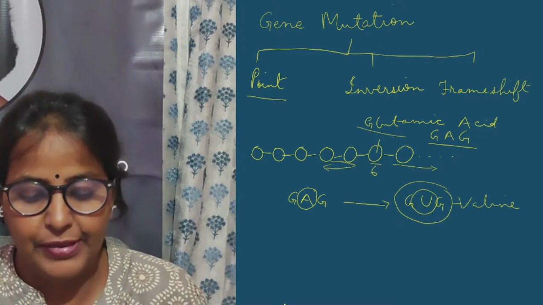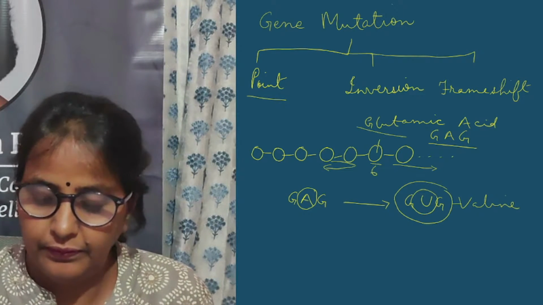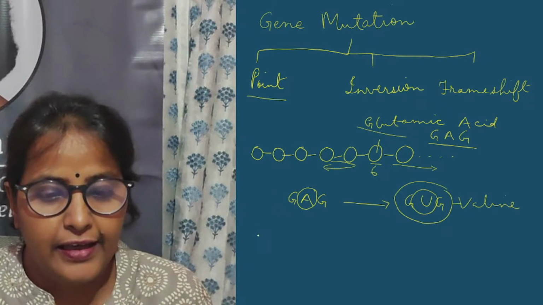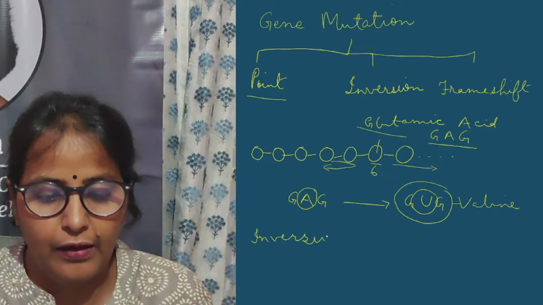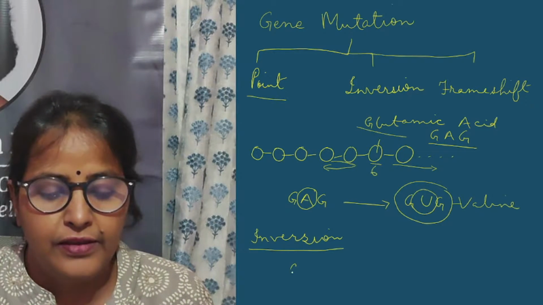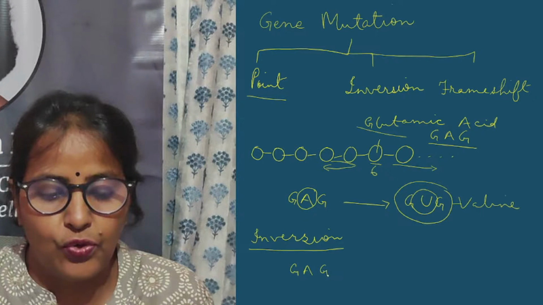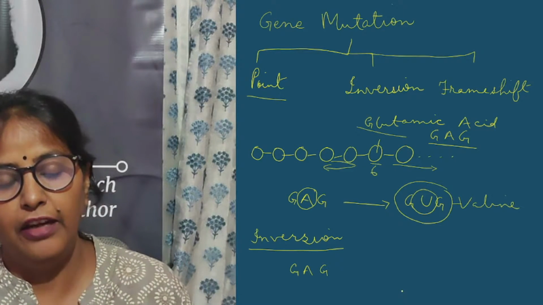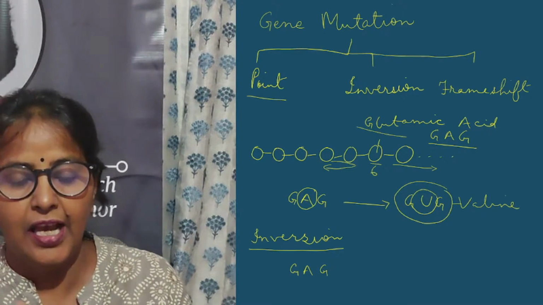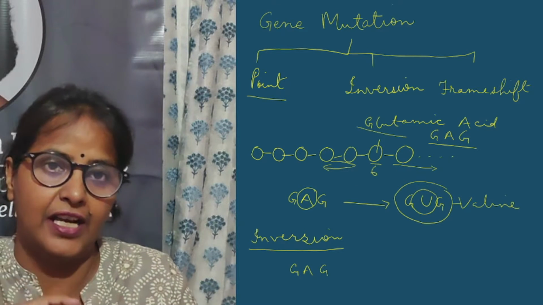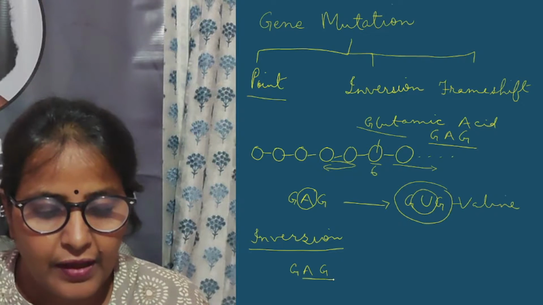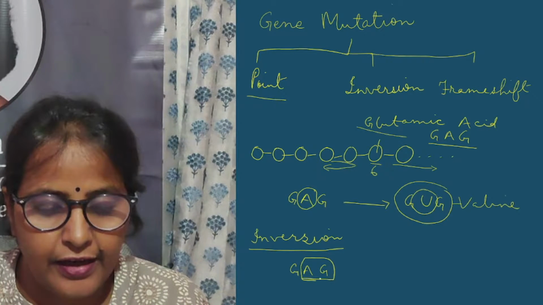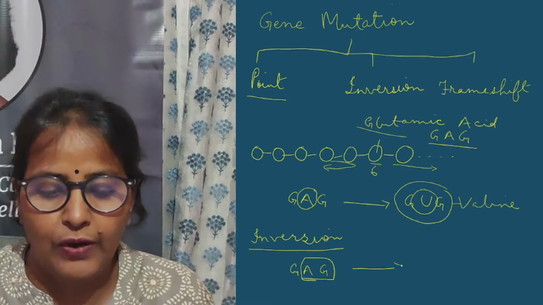Let's see what happens in inversion. Let's take the same example, GAG, which codes for glutamic acid. In inversion, what happens? The position of two bases are interchanged. That is GAG, if we take mutation in this position, what will happen to this?